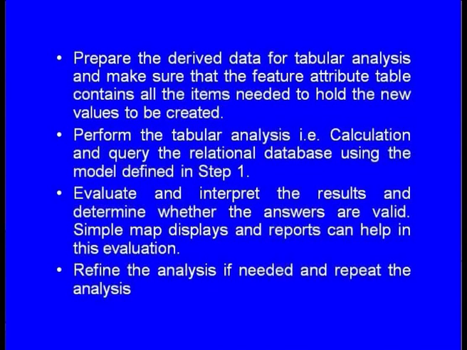Sixth, evaluate and interpret the results and determine whether the answers are valid. Simple map displays and reports can help in this evaluation. Redefine the analysis if needed and repeat the analysis if required.